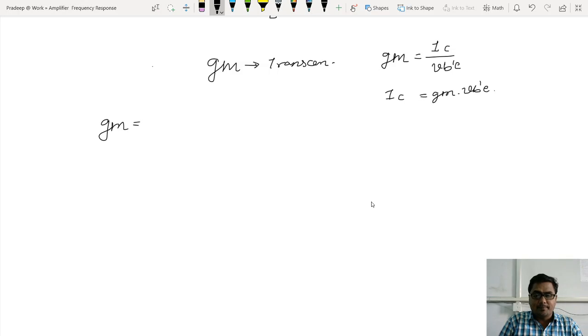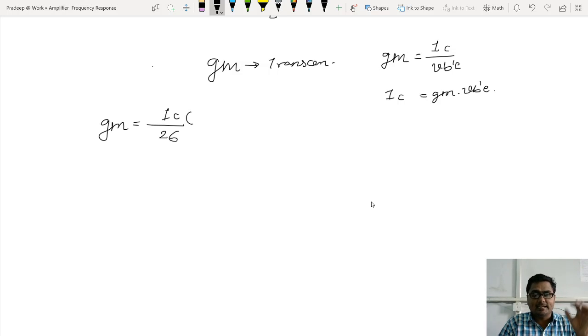How can I write the equation for the transistor? This gm is written as IC divided by 26. Now again the question will be, what is that 26? It is a thermal voltage. Actually it is defined as a thermal voltage. Let me write that first.